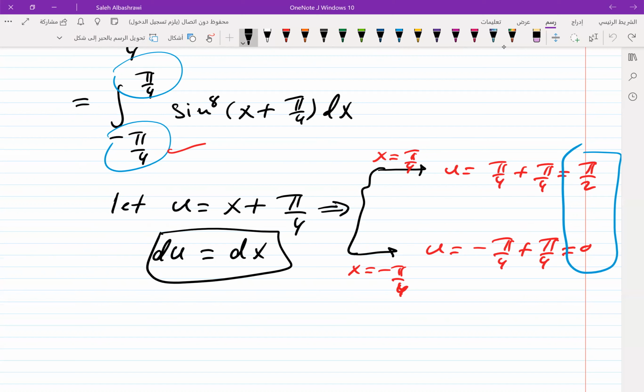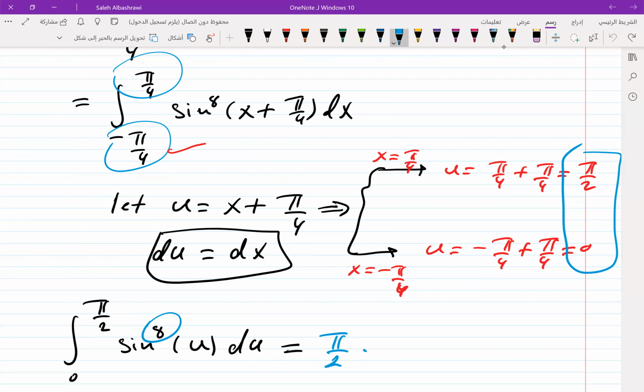So the integration now will be from 0 to pi over 2 of sine to power 8 of u, and dx is equal to du. By Wallis formula, power is even, so we must have pi over 2 there. This is if we have even power.